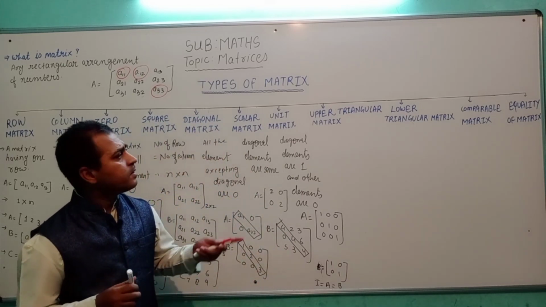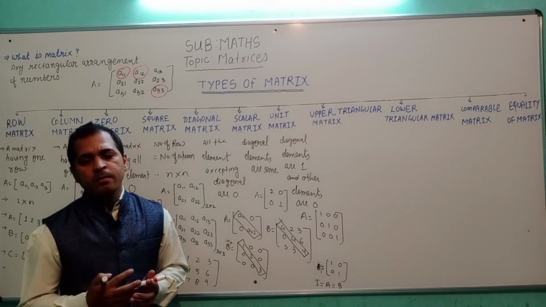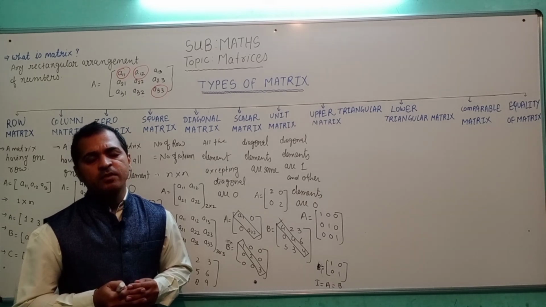Next is the upper triangular matrix. In an upper triangular matrix, students, all the elements below the diagonal will be 0.